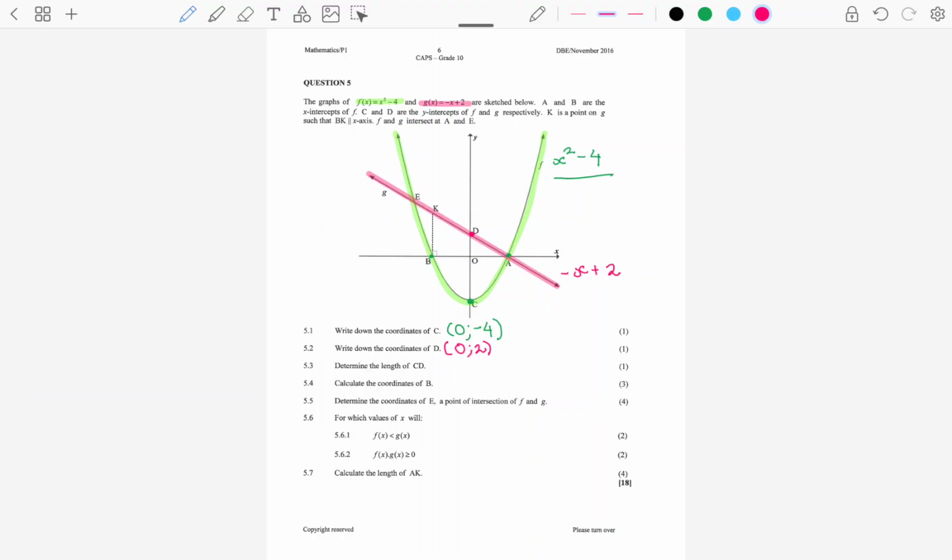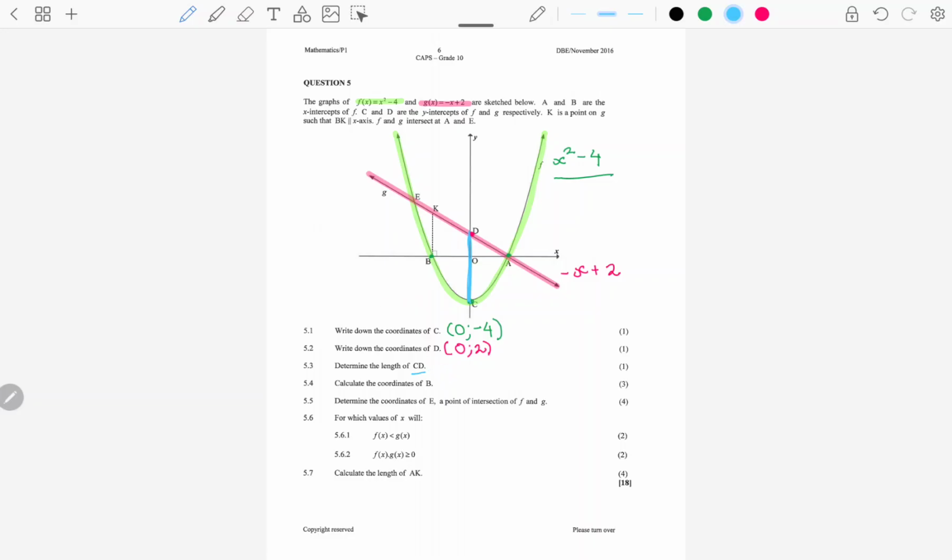Now they want us to determine the length of CD. So CD is this over here. It's along the y-axis, so all we have to do is add the y values. Not add, we have to minus.